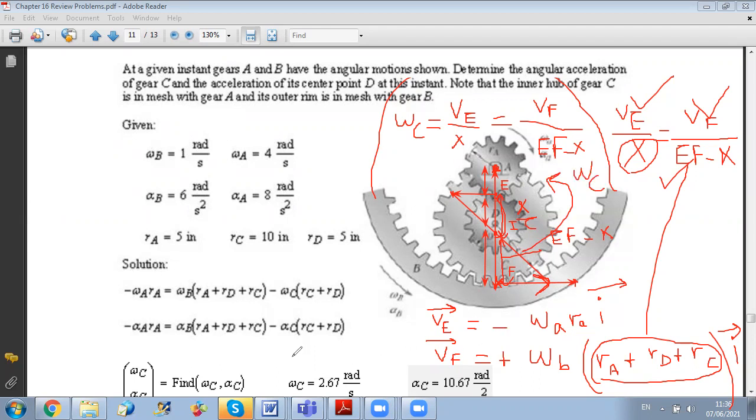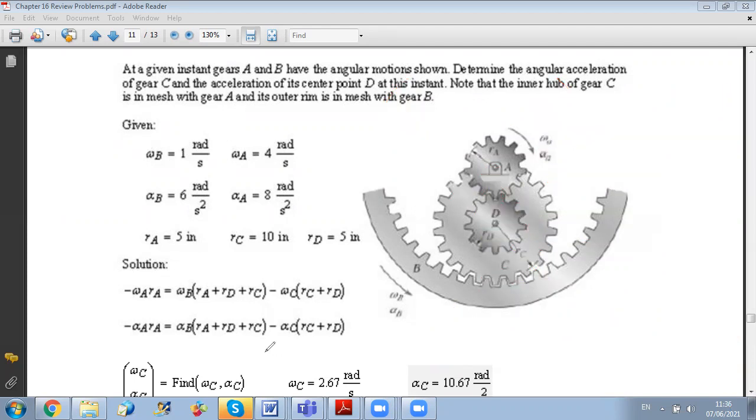So let us clear in order to write the vectorial relation between points E and F. We can write that V of E is equal to V of F plus omega C vectorial FE.